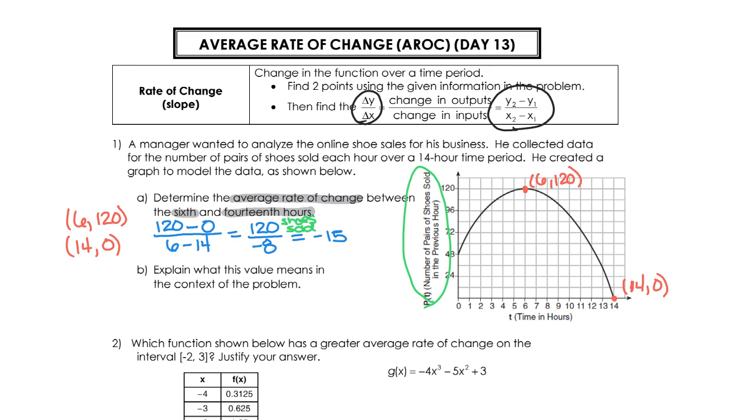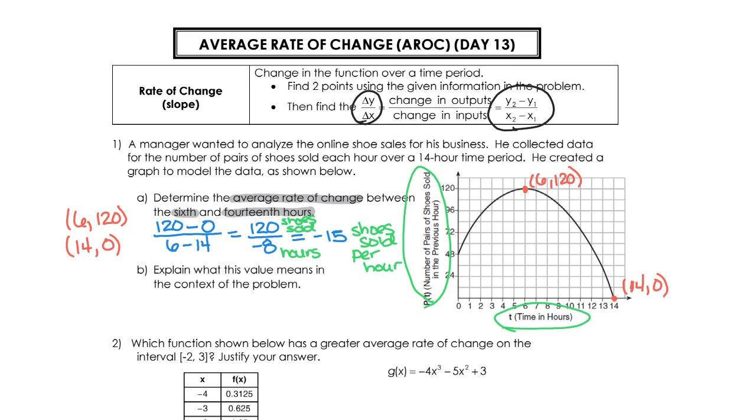And on the bottom, those are our x values. If you look at the x-axis, that's the time in hours. So this is really hours. When we divide them, we get negative 15 shoes sold per hour.